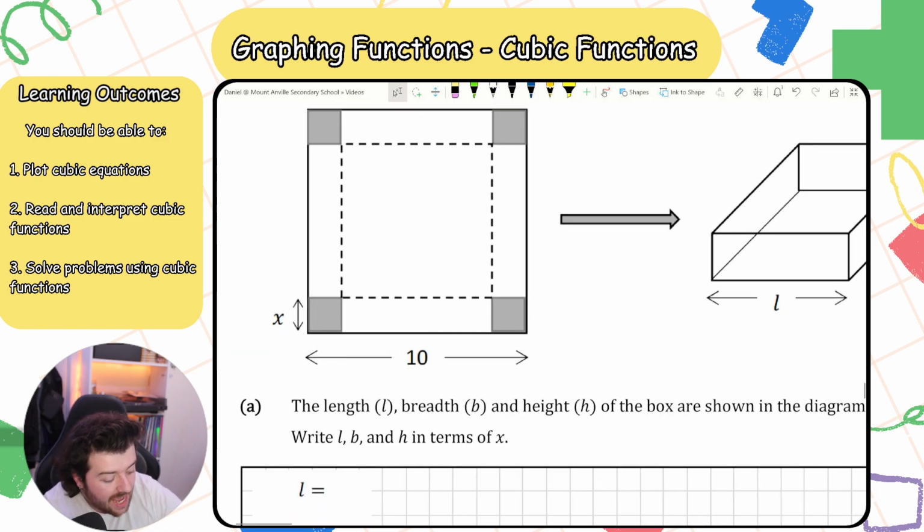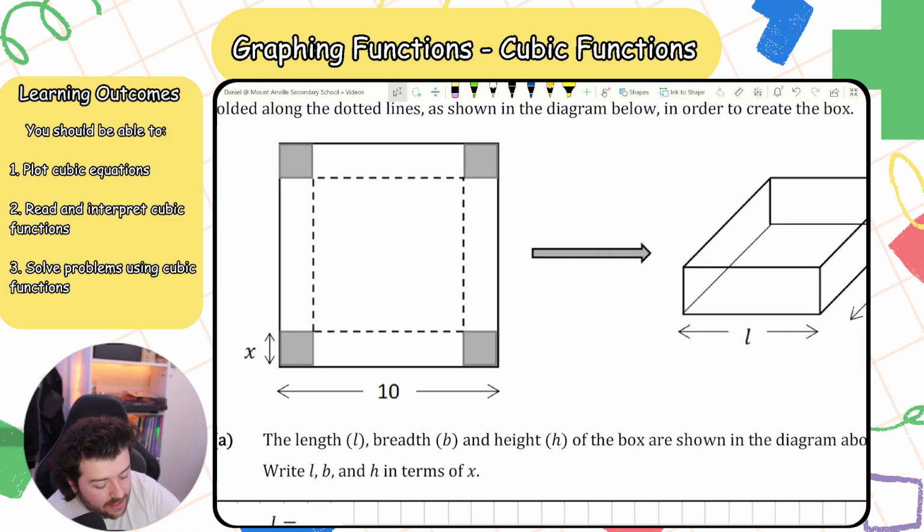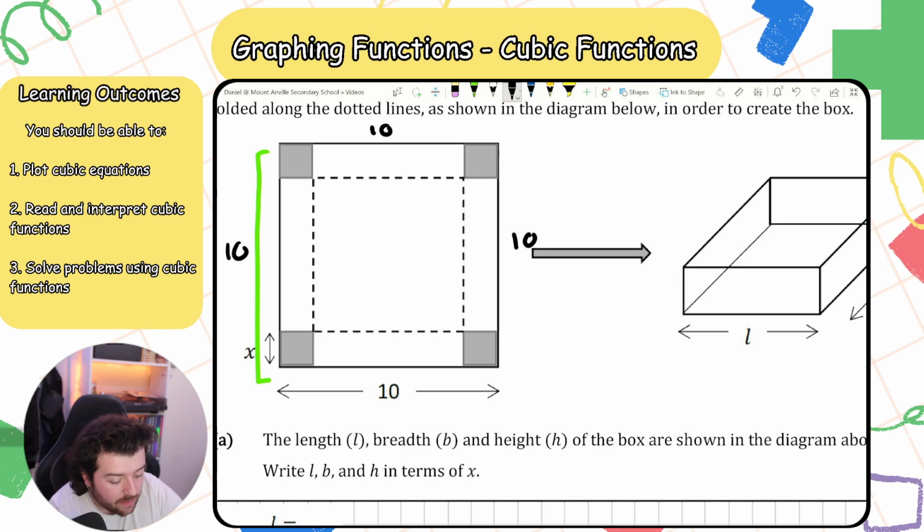Well, it's a square, right? So that means this side is 10, this whole side is 10, this whole side is 10, and this whole side is 10. But the little x squares are being cut out of the corners. So here is actually going to be just this region here.